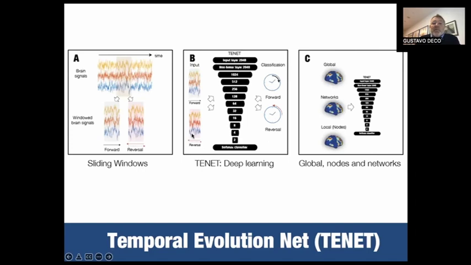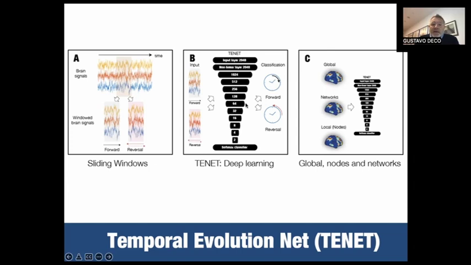So we can do that at different levels, as indicated here on the right: at the global level, taking the whole brain signals in a given parcellation, or just restricting to networks, or even going to the local single node level.